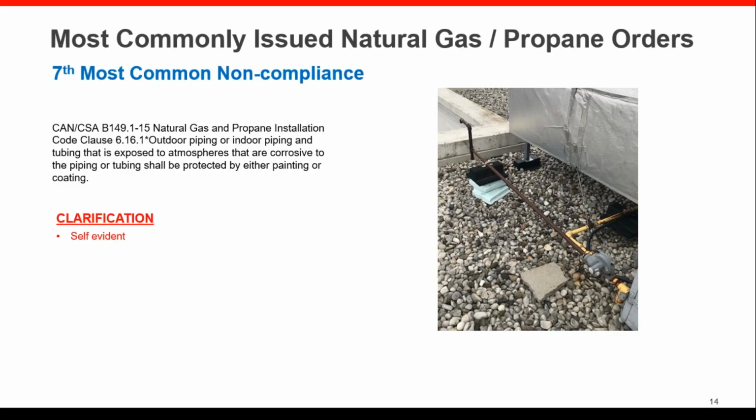So this is our seventh most common non-compliance. Outdoor piping or indoor piping and tubing that is exposed to atmospheres that are corrosive to the piping or the tubing shall be protected by either painting or coating. This one's somewhat self-evident in that if you've got bare steel outside or in a corrosive atmosphere, you need to paint that and or properly coat it.